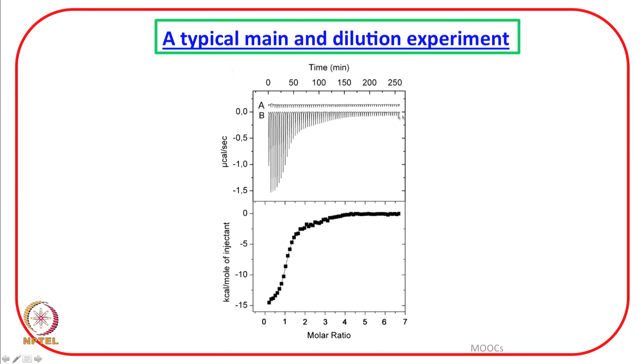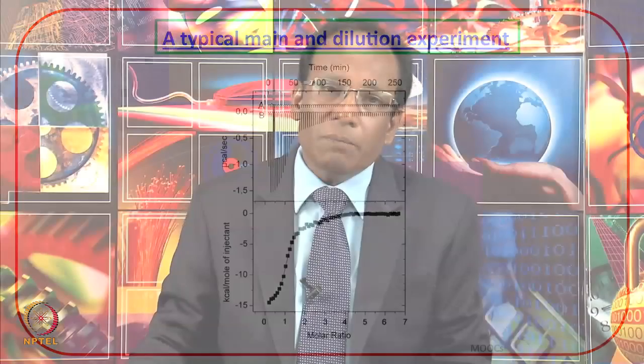This is the main experiment, heat changes associated with the main experiment, and this is with the dilution experiments. And let us appreciate that the heats associated with the dilutions are very, very small compared to the main heats, and that is how it should be, because the blank effect should be minimum.